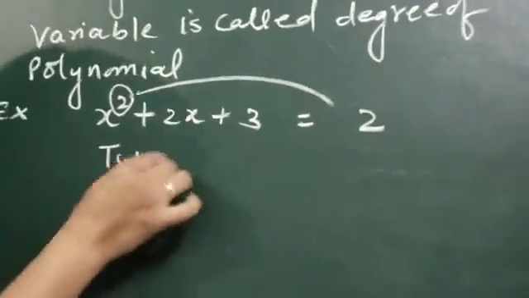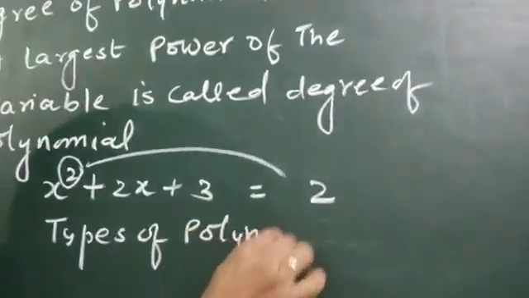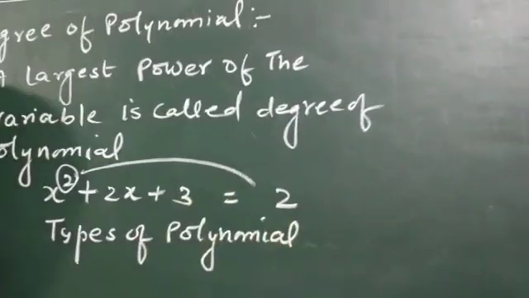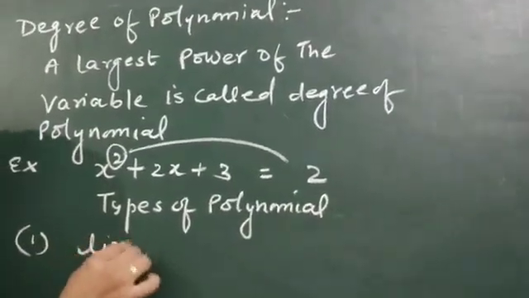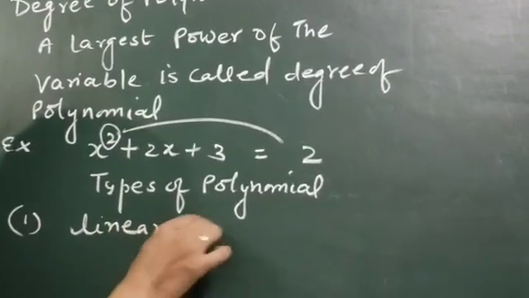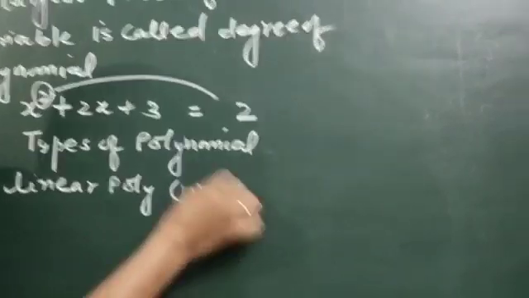Now we will define types of polynomial on the basis of degree. First is linear polynomial. Second, quadratic polynomial.